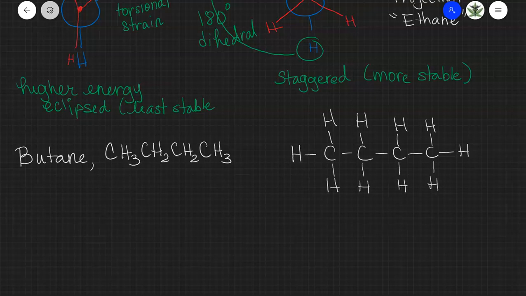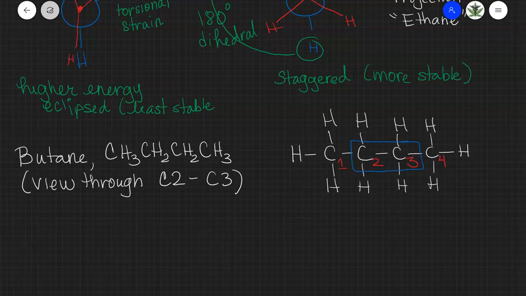And when we draw the Newman projection, we want to view through carbon 2 and carbon 3. So we're going to number our carbons. This is carbon 1, carbon 2, carbon 3, carbon 4. So we want to view from carbon 2 to carbon 3.